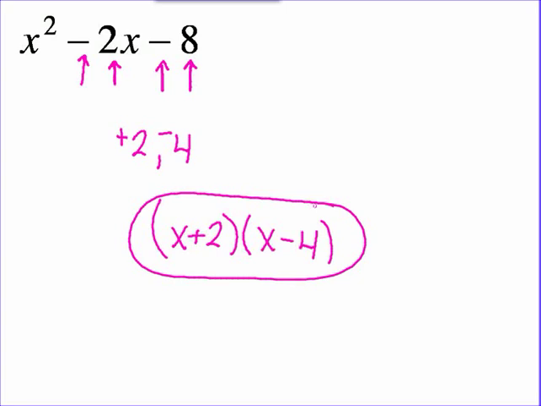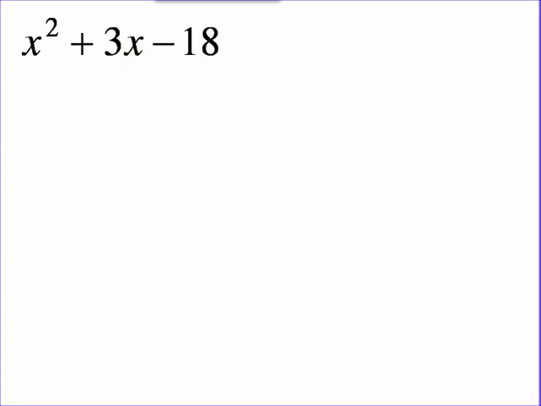All right, so far so good? Got a couple more. Let's look at this one. 2 factors of what? 18 that differ by what? 3. What are they? 2 factors of 18. 6 and 3. How do you get a positive 3 from 6 and 3?